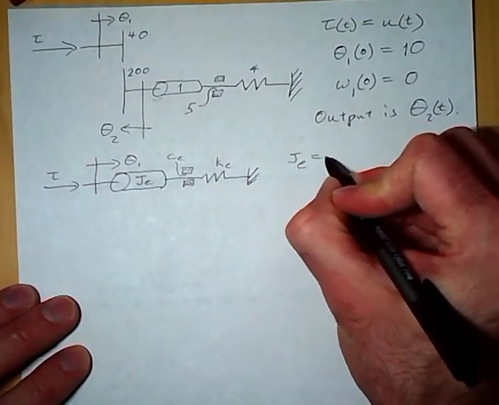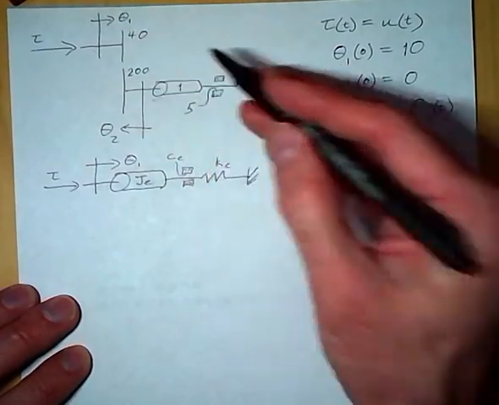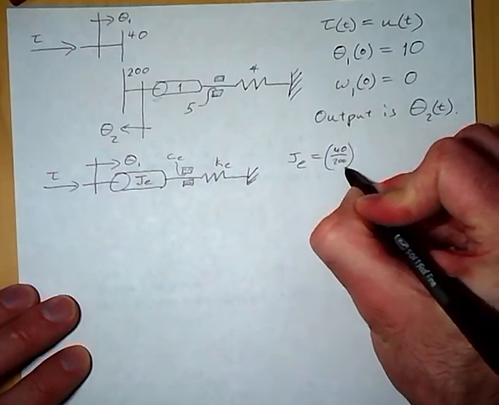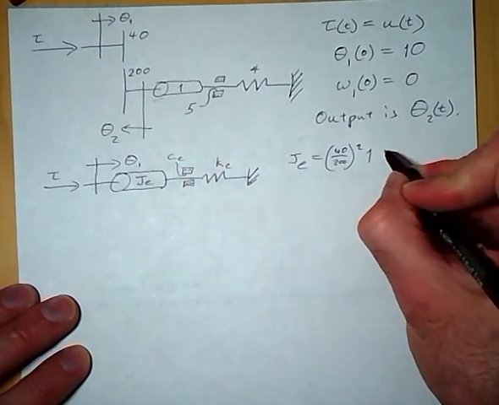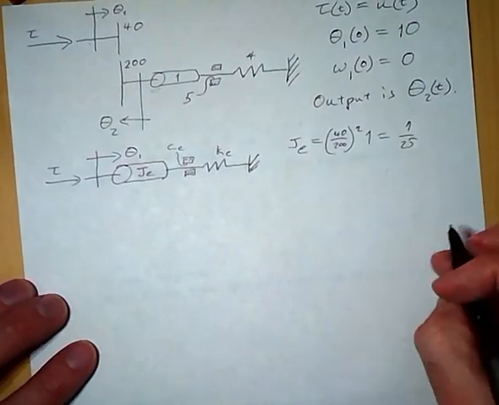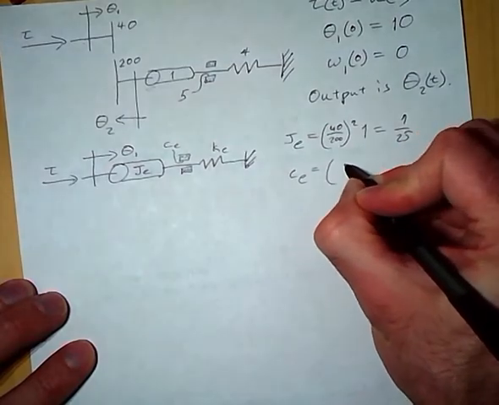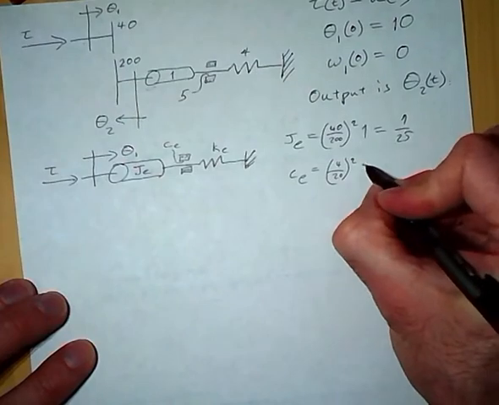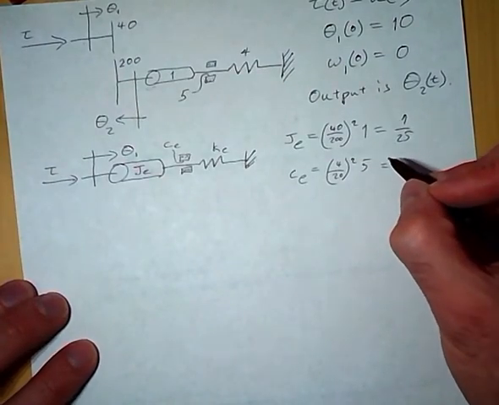So JE is the destination teeth divided by the source teeth, squared. So that's 40 over 200 squared, and then multiply that by the moment of inertia, so times 1, and that's just 1 over 25. And the equivalent damping is the same, so we've got 4 over 20 squared times 5, so that's just 5 over 25, so we end up with 1/5 for that value.